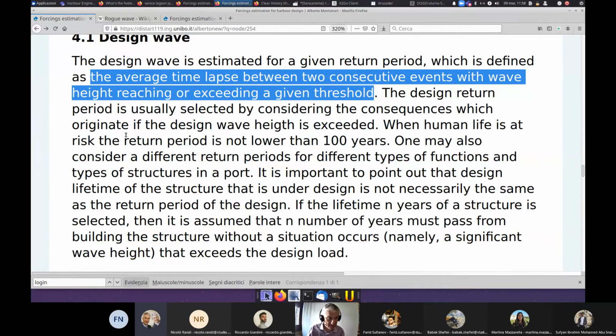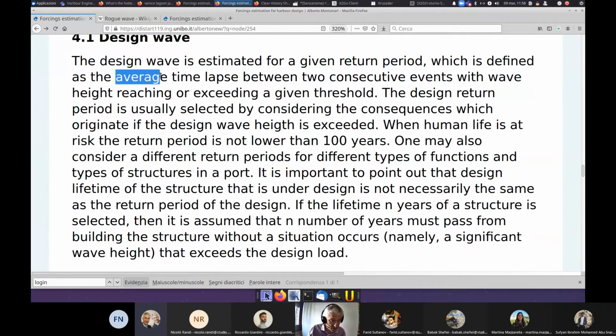And don't forget the word average, because this is the usual mistake that we make. So if the return period of a given wave height is 100 years, it doesn't mean that once you observe that wave height, this will not happen for 100 years. An event with a return period of 100 years may happen twice in a week, because it's the average time lapse that is defined as a return period, average, okay?